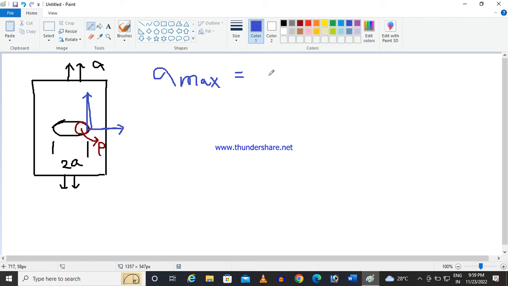From that book only I am writing all the expressions. I think this is the basic book, all of you have studied that. So sigma max is equal to the applied stress times 1 plus 2 times the crack half length divided by the tip radius.